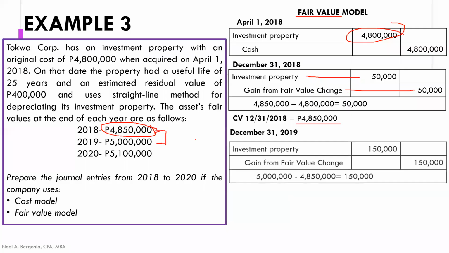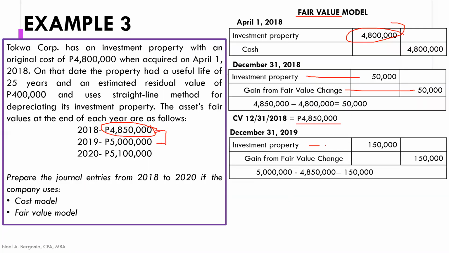So there would be a debit to investment property, 150,000, and credit gain from fair value change of 150,000. So again, the difference of the current fair value of 5 million and the previous 4,850,000. So at the end of 2019, it will be recorded at the fair value of 5 million pesos.